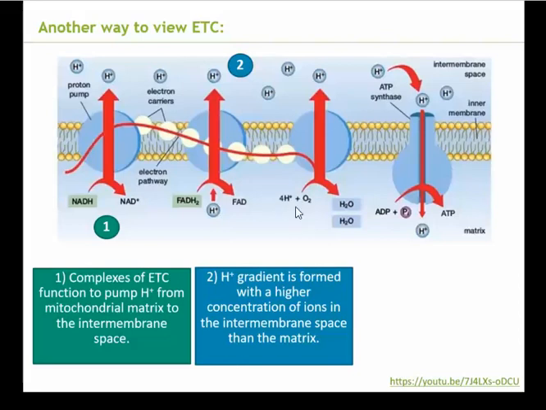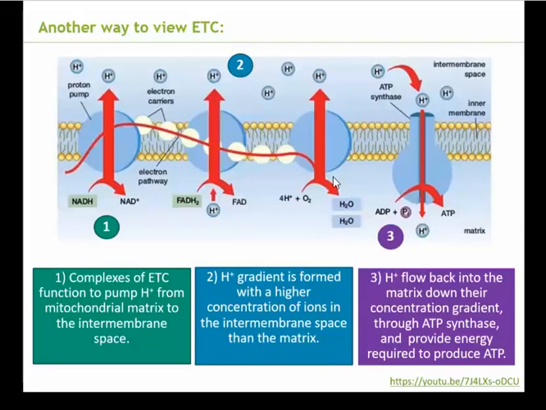So we have our 4 hydrogens, we have our electrons that were passed back through, we have oxygen, which will then form H2O. We said H2O is the waste product that helps keep the cycle regenerating. And then last over here, the hydrogens will flow back down through the matrix through the concentration gradient, which will activate the ATP synthase enzyme, and that will cause the phosphorylation of ADP.